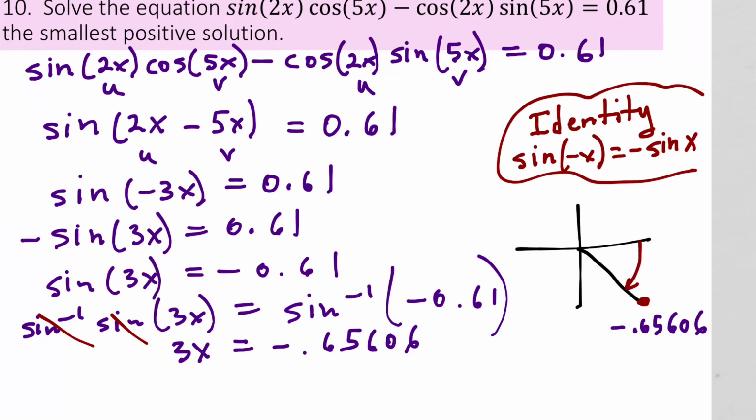Okay, so if my sine is negative 0.61, that means I also am going to have another negative 0.61 over here in the third quadrant, okay, because they have the same sign right there. So I'm also going to have, by the symmetry of the problem, that 0.65606 amount right there as well.